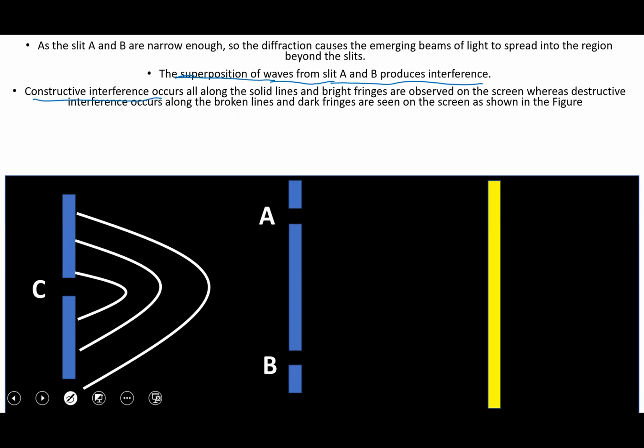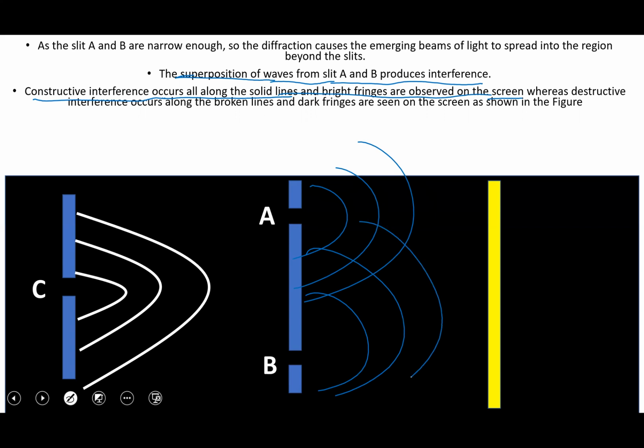The constructive interference occurs along the solid lines, and bright fringes are observed on the screen. Because of this line, constructive interference occurs. At the point where the two troughs or crests interfere with each other, we can see constructive interference and a bright fringe will be formed, whereas destructive interference occurs along the broken lines and dark fringes are seen on the screen, as shown in the figure.